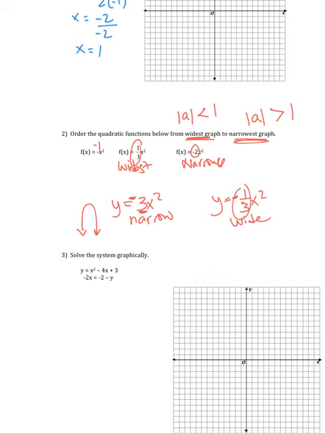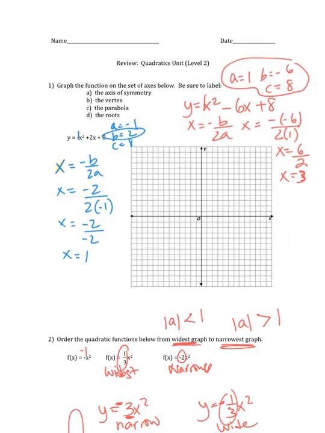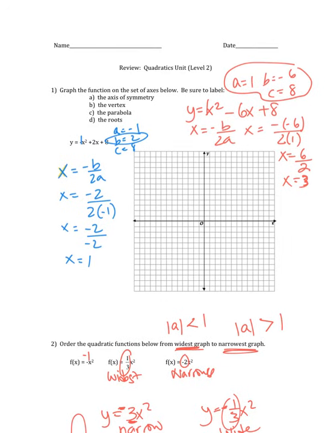And your last question was about interval of increase and interval of decrease. If you look at number 1, I think your axis of symmetry was on 1.